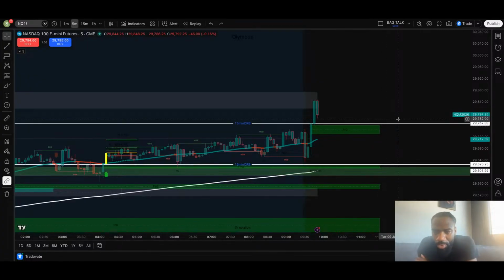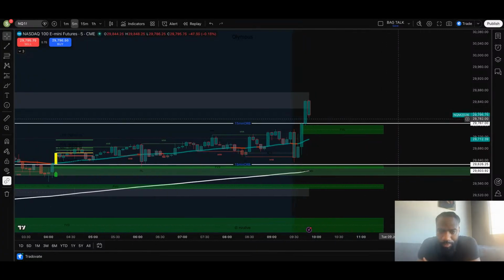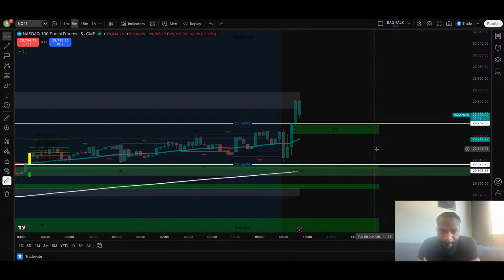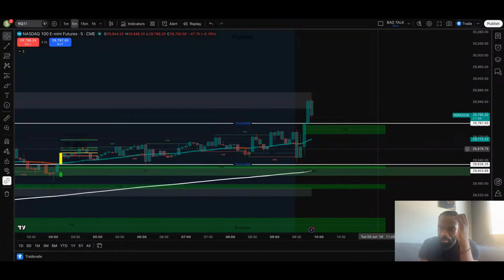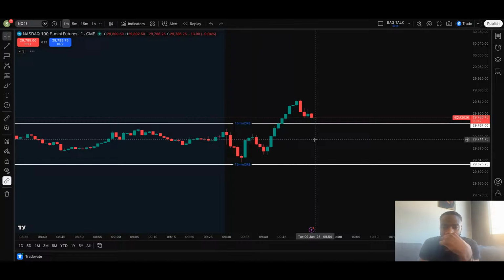Two more minutes till this candle closes. See if price plays off of the opening range.